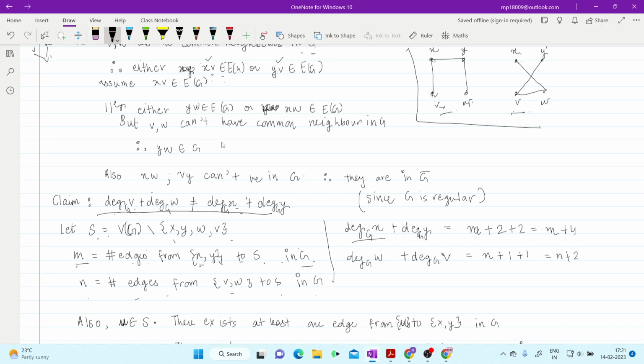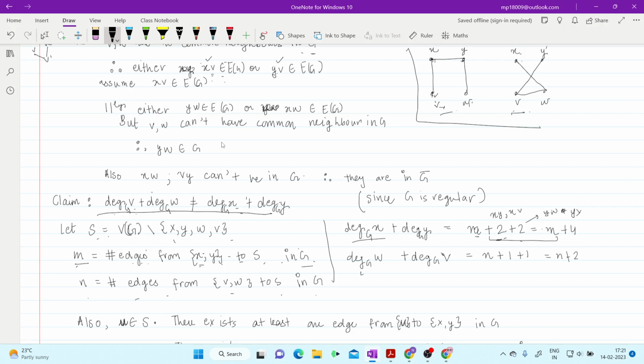It will be M, because all these edges are going from X to Y, and it will have plus 2 also, because we can see X is connected to Y and V in G. So this 2 is coming from XY and XV, and this 2 is coming from YW and YX. So we see that this is M plus 4.